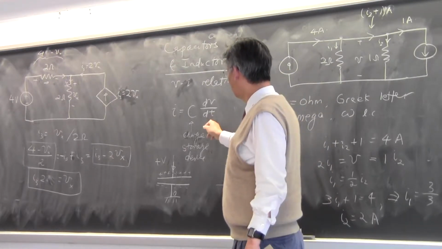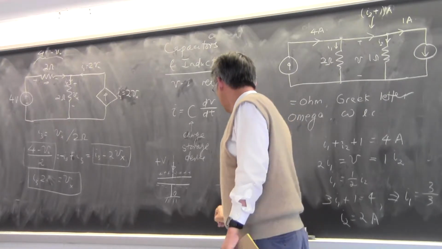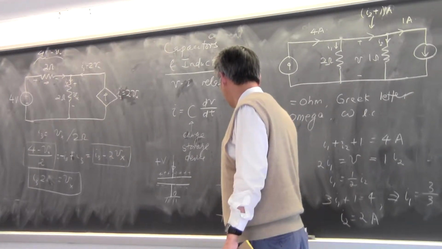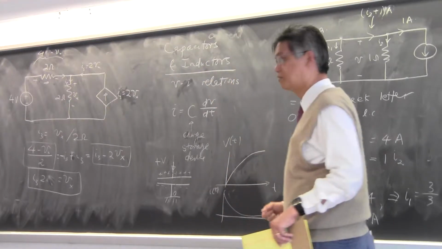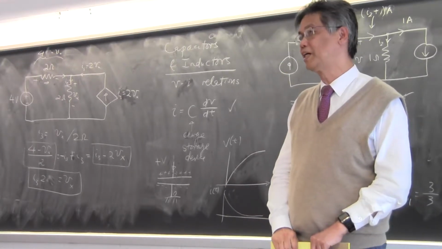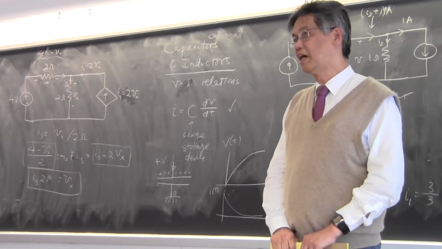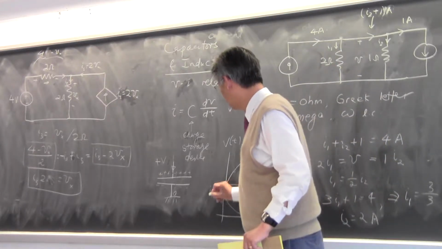So the current flow is proportional to the rate of change of V. In the beginning, this is positive, and then it goes to 0. So I of t will look something like that. That's what this equation is saying. The equation is saying that in the very beginning, charges can enter the capacitor very well, and there'll be nice current flowing into it.